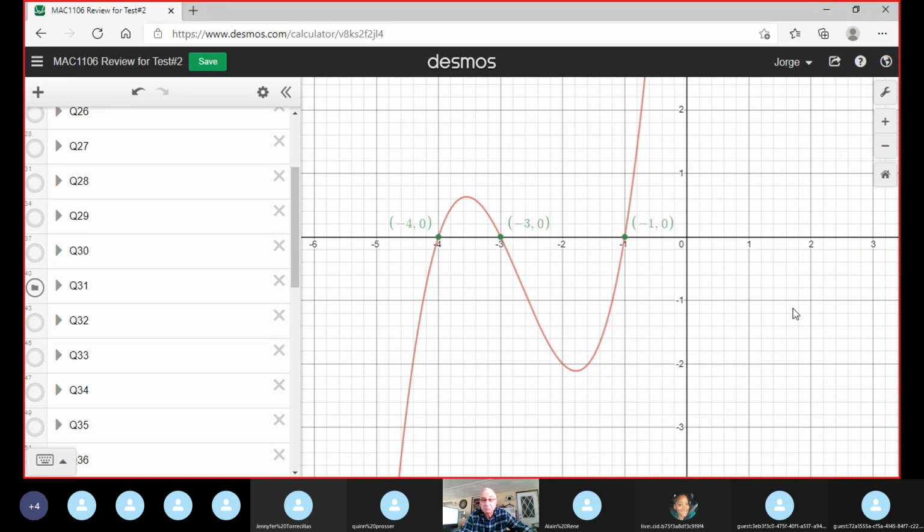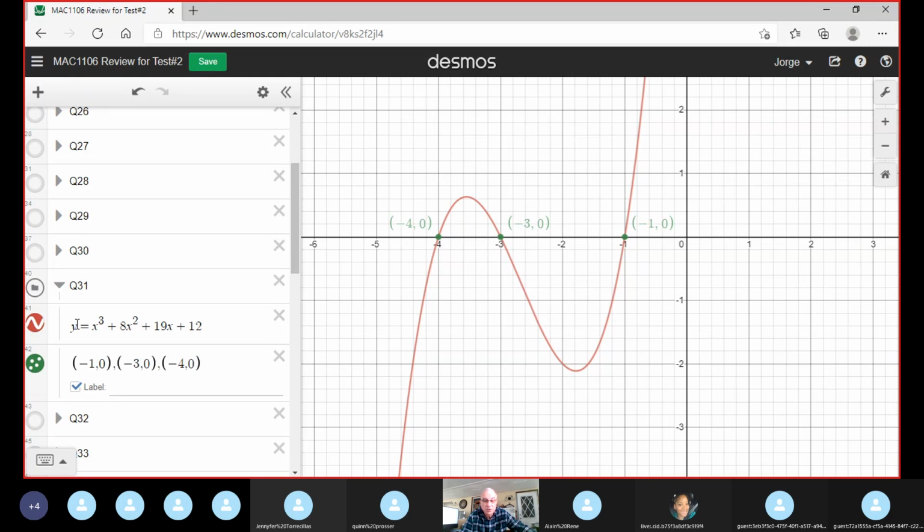Okay. Let's do synthetic division at least 2 times because the degree of the polynomial is 3. When you perform the synthetic division the first time, let me copy on one piece of paper because I need to remember, and the answer to 31 is -1, -3, and -4.